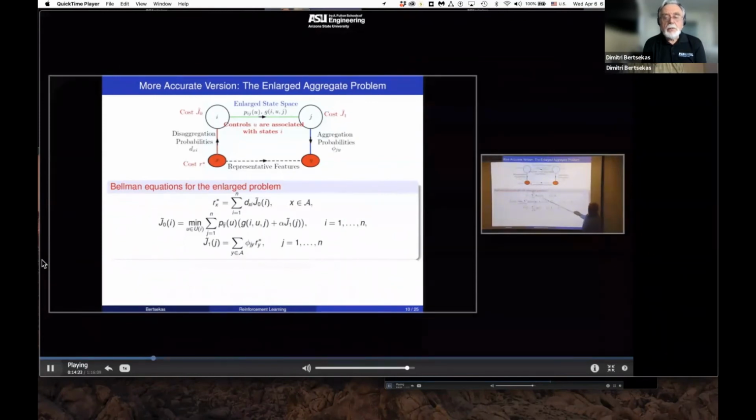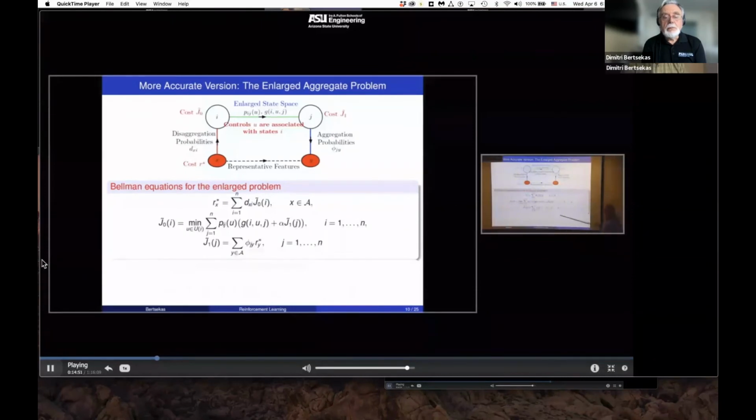It's the expected value of J tilde 0 weighted with the disaggregation probabilities. The second Bellman equation is the original Bellman equation of the system. And there's another Bellman equation going down. J tilde 1 is an interpolated version of R star, with the interpolation coefficients being phi.